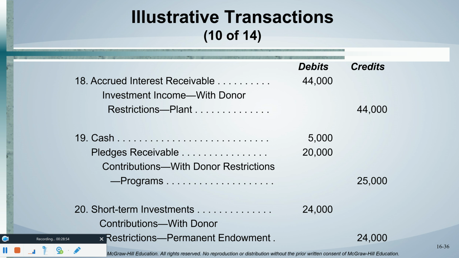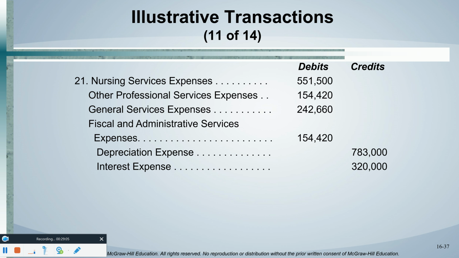We actually received somebody's investment portfolio. So we're debiting the investment and crediting the contribution with donor restrictions. Journal entry 21, it's just a reclassification of expenses. We're basically reclassifying our depreciation and our interest into the different functions: nursing, professional services, general services, and admin services.